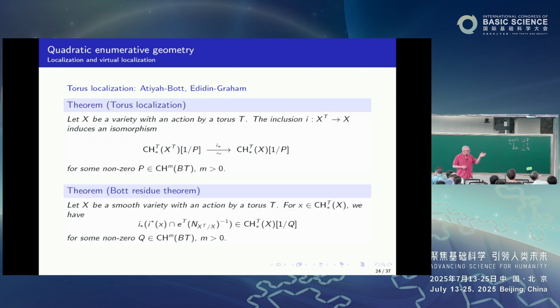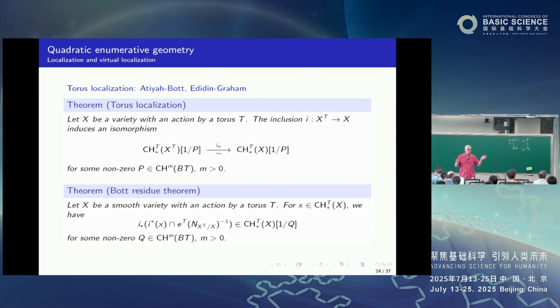So here it is: the equivariant Chow groups of some X, after you invert some polynomial in these Chern classes for the classifying space, is the same as the equivariant Chow groups of the fixed point locus. But since the fixed point locus has a trivial action, this is just the usual Chow groups of the fixed point locus, tensor the Chow groups of BT.